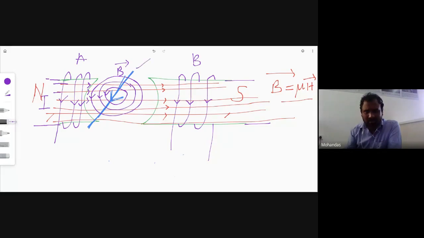Armature conductor. And these flux lines are due to which conductor? Field conductor. Now, this is the main field flux. This is the armature flux. In this case, it will oppose, right? So here it will be weakening, and in this case, it will be strengthening. So the effect of this armature flux on the main field flux is called what?